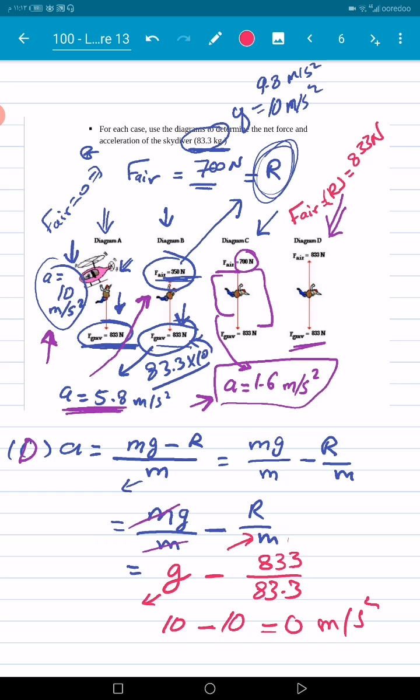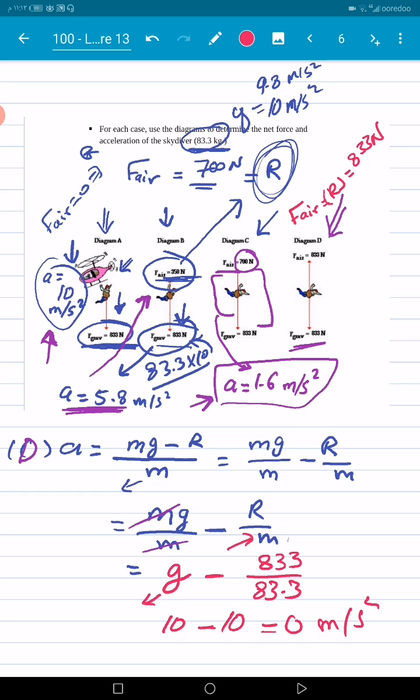So from Newton's second law, the acceleration of gravity is equal to the acceleration of the object when R is equal to 0, meaning the air resistance, or the force of the air, is equal to 0.